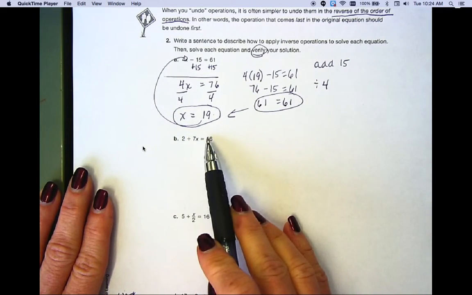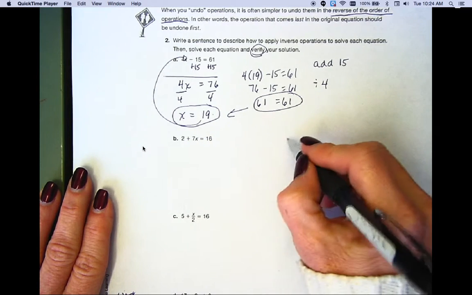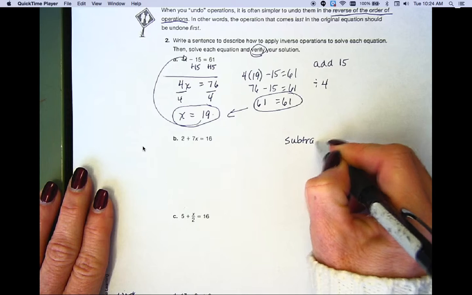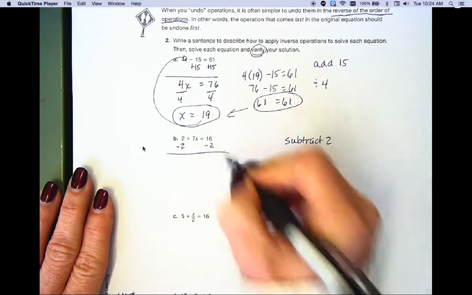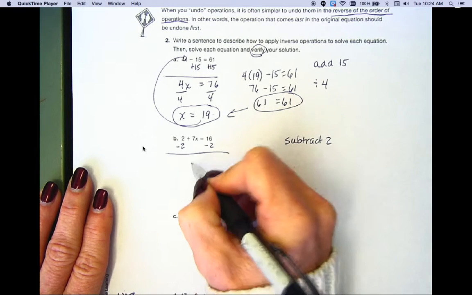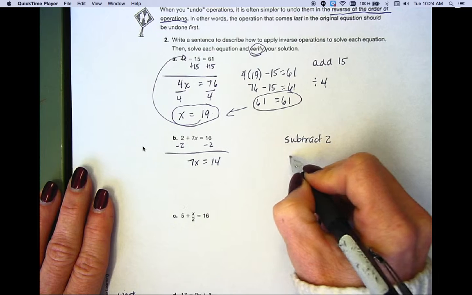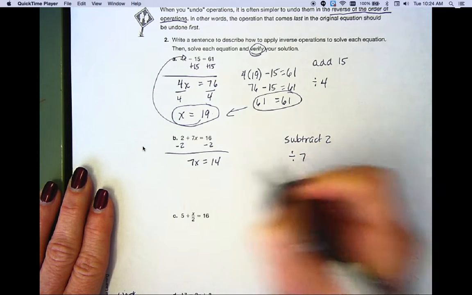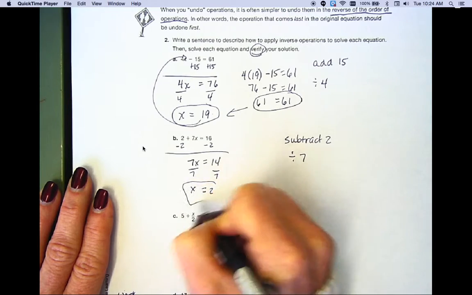Okay, I can do that again here. So the first thing I'm going to undo is this piece. So I'm going to subtract 2 from both sides. Minus 2 here, minus 2 here. Remember, we're always trying to isolate our variable. So I get 7x equals 14. Now I'm going to divide both sides by 7. And I get x equals 2.